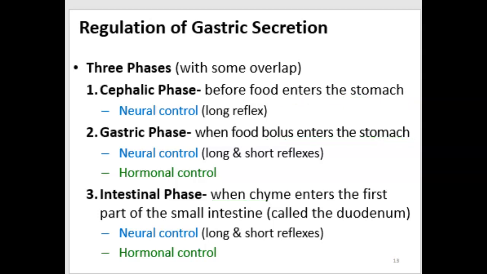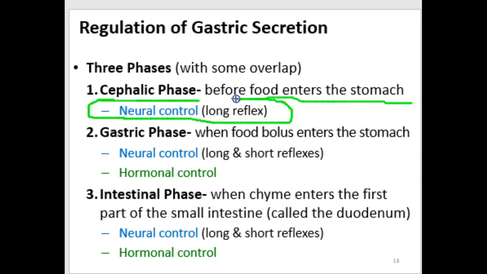So, gastric secretion begins before food enters the stomach during the cephalic phase, and it is induced by a neural mechanism. So there's neural control; the nervous system is involved. In the gastric phase, we will see the continuation of gastric secretion, controlled by the nervous system, and there are also some hormones that keep it going.